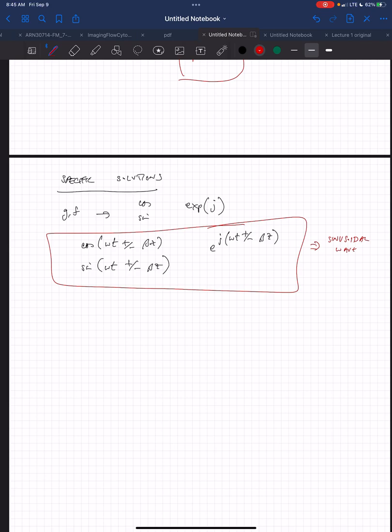So omega is something called angular frequency, and it's equal to 2 pi times the frequency of your sine wave or cosine wave. So this is in hertz. And omega has got units of radians per second. And beta is called the propagation constant.